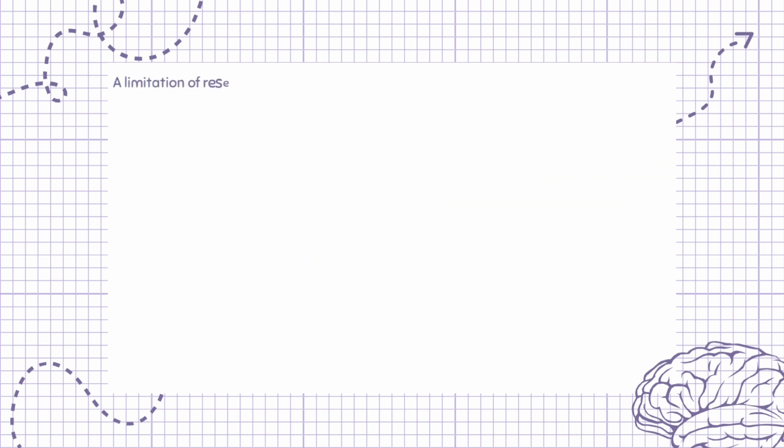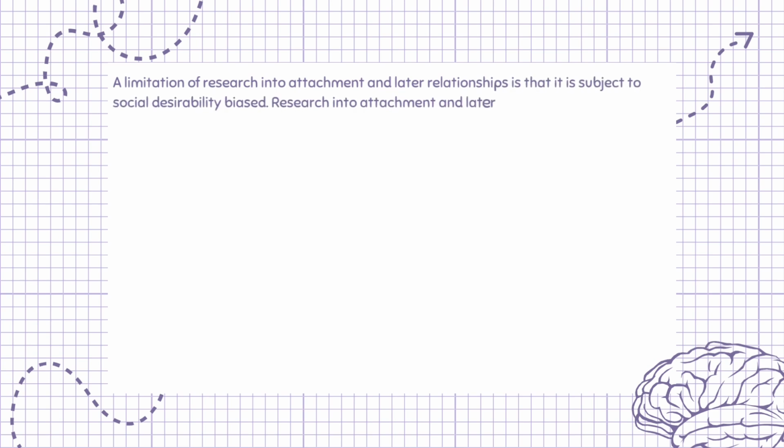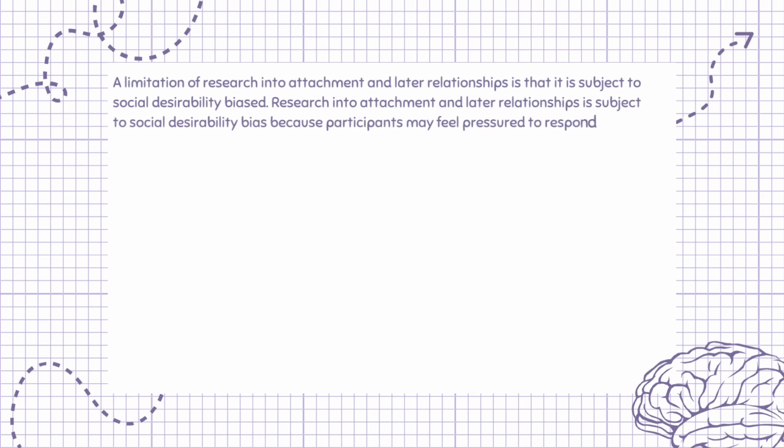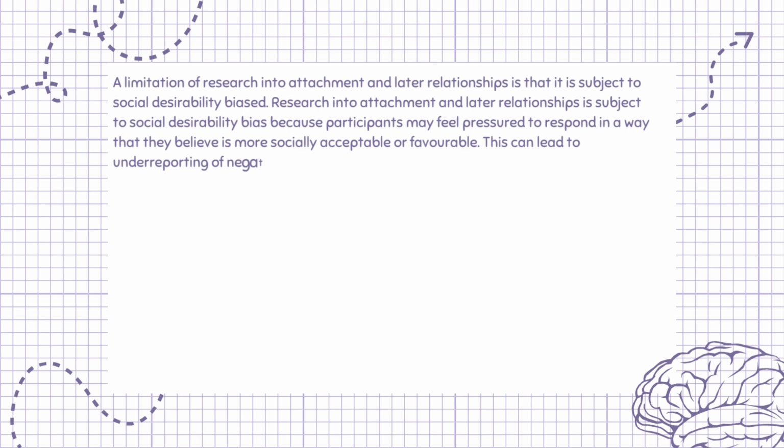A limitation of research into attachment and later relationships is that it is subject to social desirability bias. Research into attachment and later relationships is subject to social desirability bias because participants may feel pressured to respond in a way that they believe is more socially acceptable or favorable. This can lead to underreporting of negative experiences or feelings related to attachment styles and relationship dynamics.